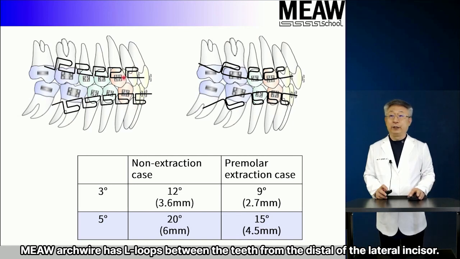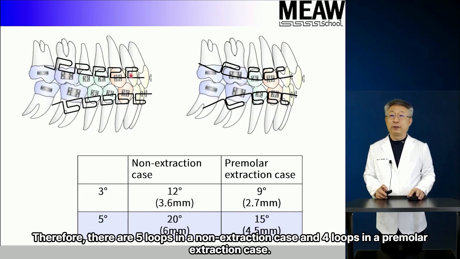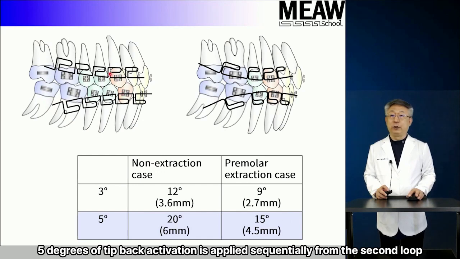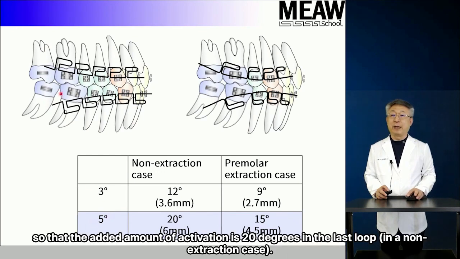MEAW archwire has loops between the teeth from the distal of the lateral incisor. Therefore, there are 5 loops in a non-extraction case and 4 loops in a premolar extraction case. 5 degrees of tip-back activation is applied sequentially from the second loop, so that the added amount of activation is 20 degrees in the last loop in a non-extraction case.